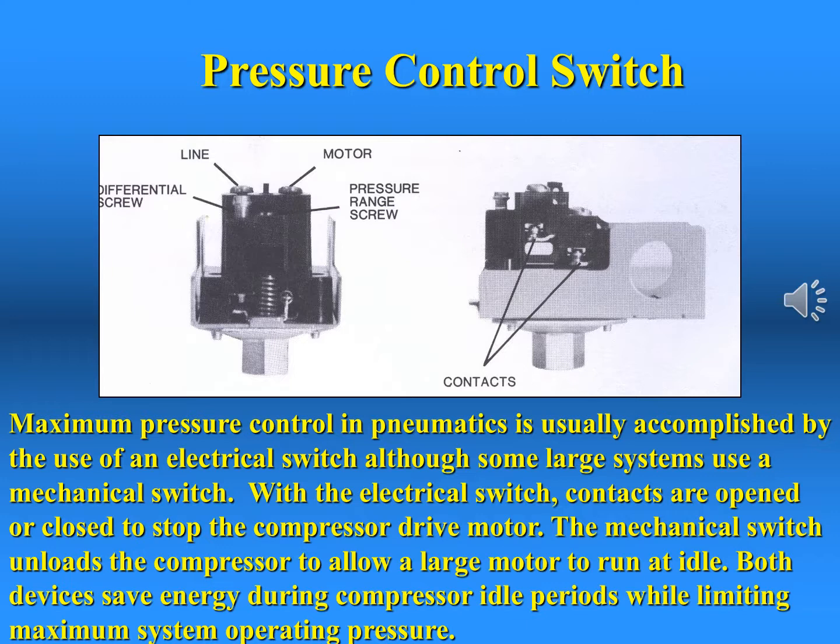There is a built-in range differential which controls the cut-out, cut-in pressures to ensure the pressure does not fall below the working requirements of the system and its equipment. Adjusted by the manufacturer, these switches rarely need any maintenance, and often the compressor fails before the switch does.